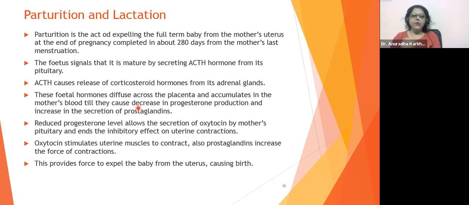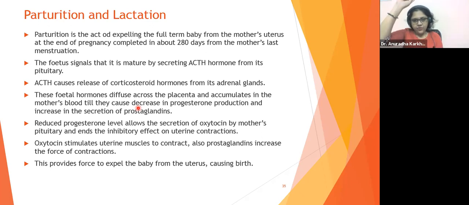Now, these fetal hormones, that is the ACTH and the corticosteroid hormones, diffuse across the placenta and accumulate in the mother's blood until they cause a decrease in progesterone production. You remember I had told you that progesterone is called the pregnancy hormone. It is intact for all the 9 months so that the uterine membrane does not contract and remains intact.